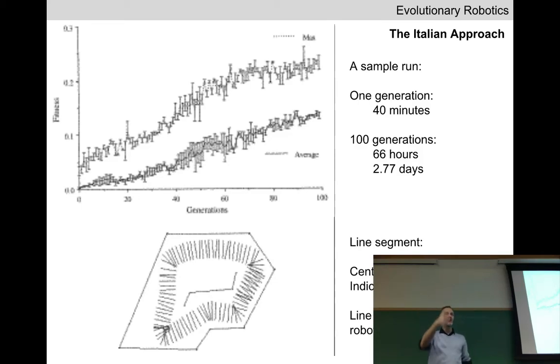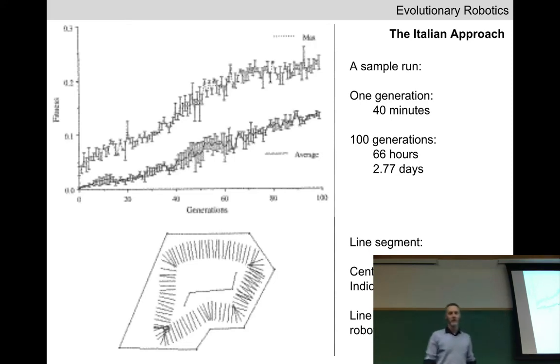So at every generation, they evaluate every neural network. They get a fitness value for every neural network, and the neural network that got the highest fitness value, that's that point. They then averaged all the fitness values within the population, and that produces the average curve. So we can see in the upper curve that the best robot, the best neural network in the population, is increasing in fitness, and the population as a whole is becoming more fit.